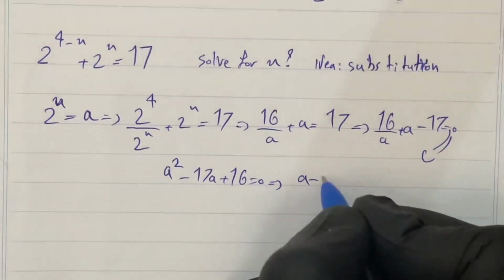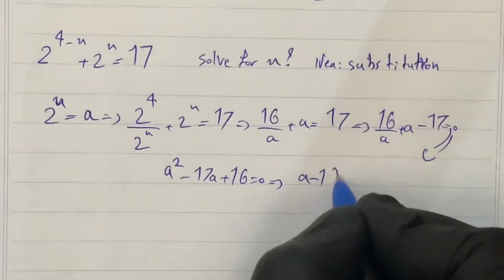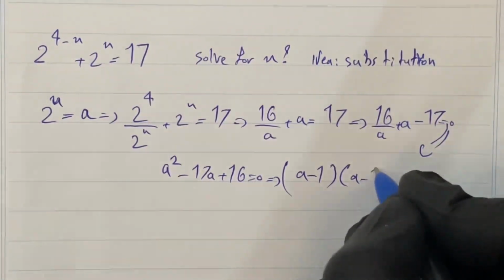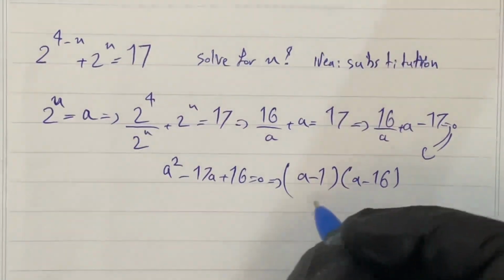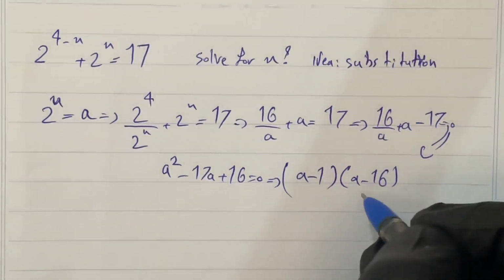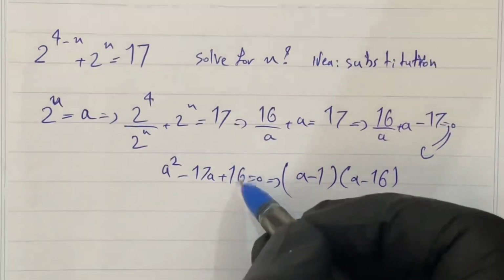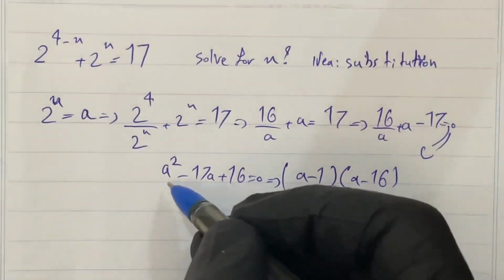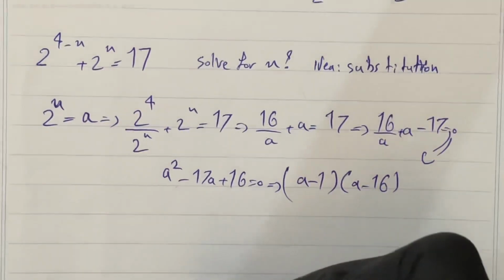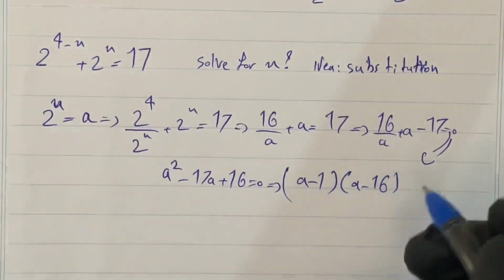You just have to write a here and find two numbers whose product is 16 and whose sum is negative 17. And because the sum is negative and the product is positive, you should use both negative signs.